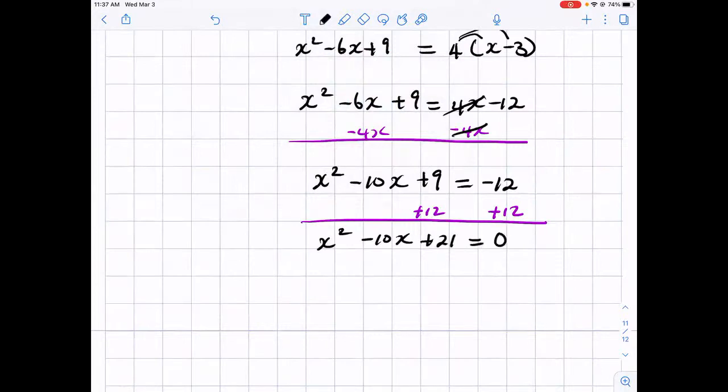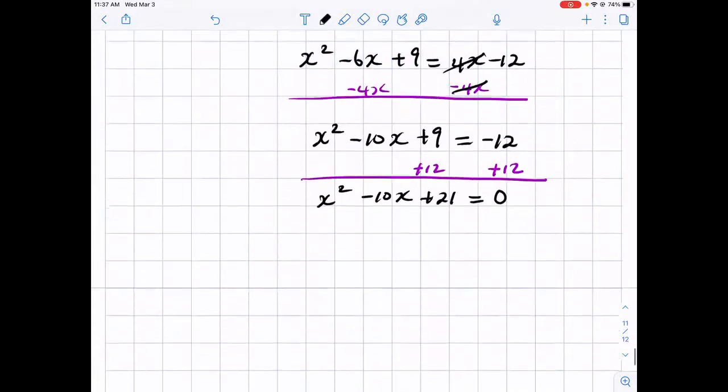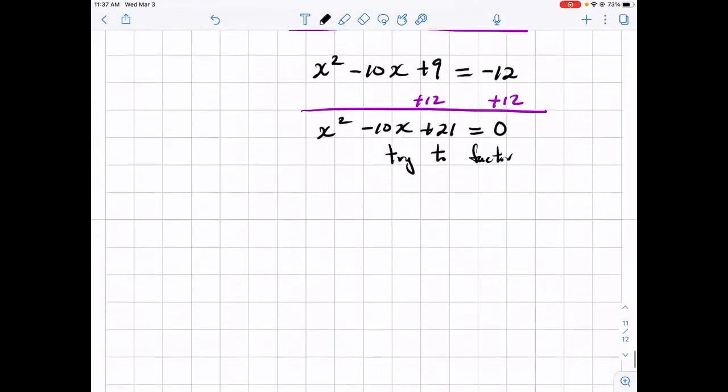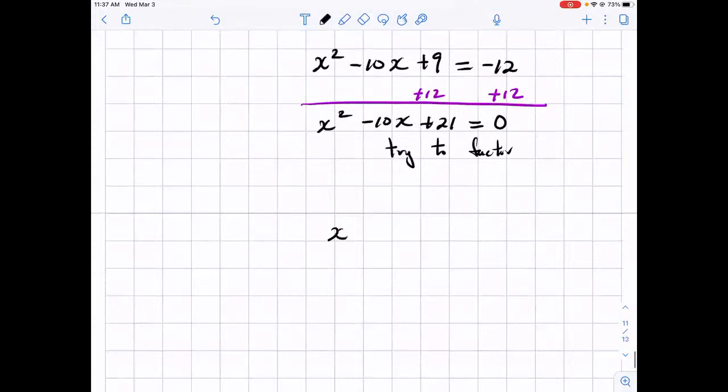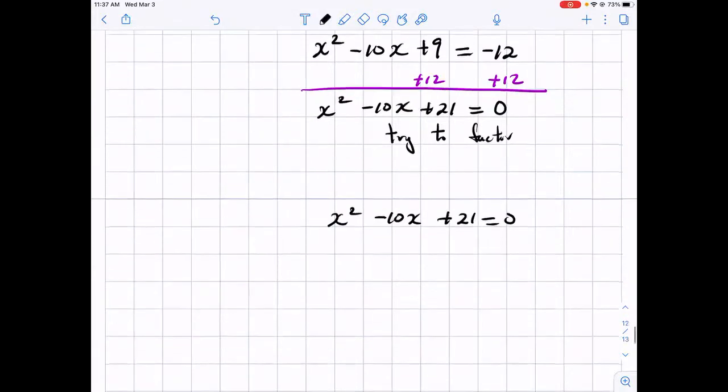And we want to factor this if possible, right? So let's try to factor. If we try to factor this, x squared minus 10x plus 21 equals 0, we can factor this because we get x minus 7 and x minus 3 equals 0.